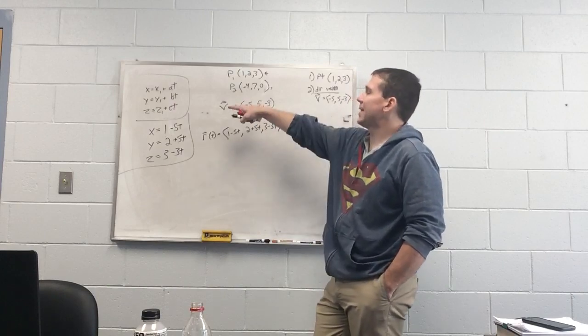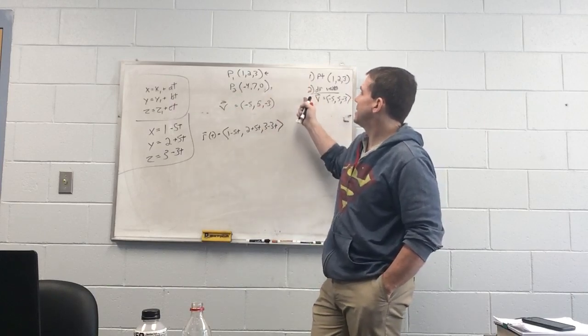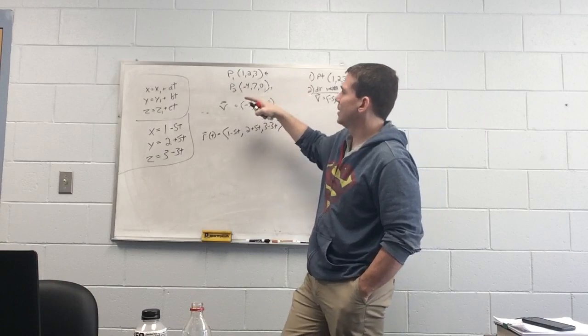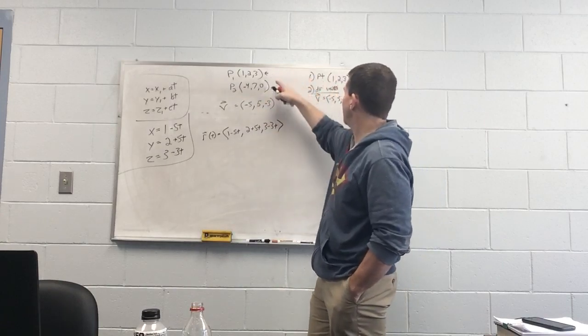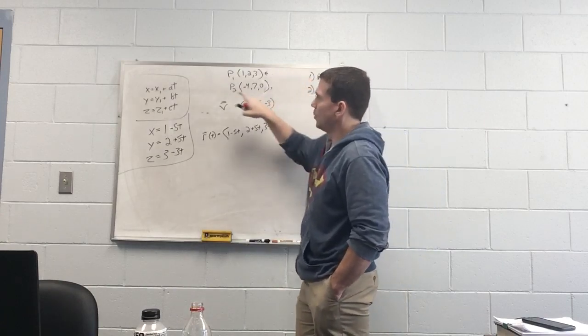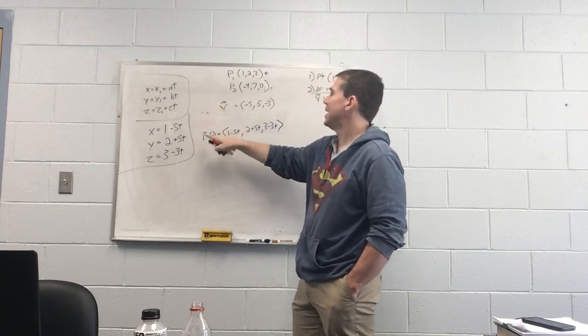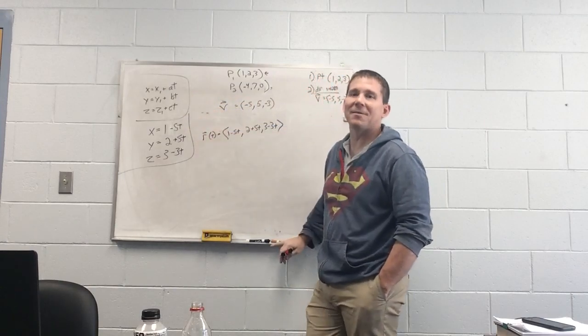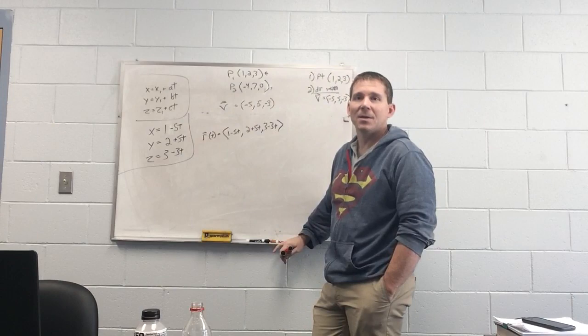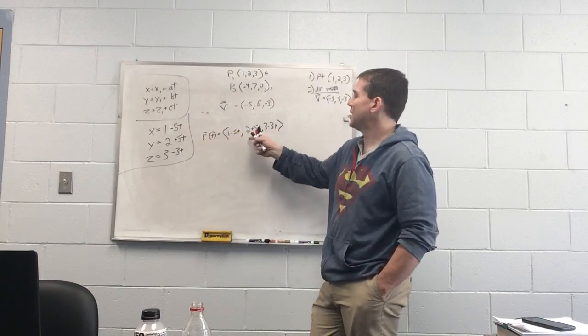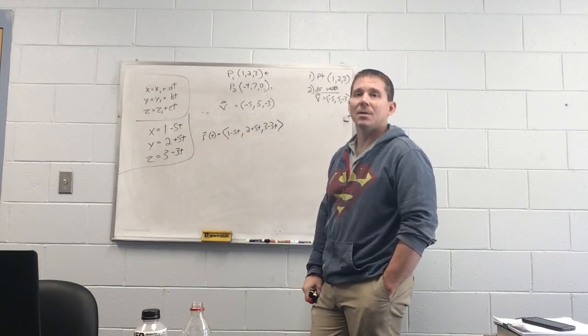I'm just doing what we did in the last chapter. I get my point, I get my direction vector, which gives me parametric equations, which I just plug in to get my vector parametric equation.